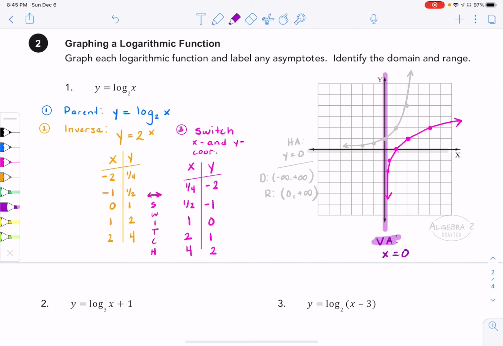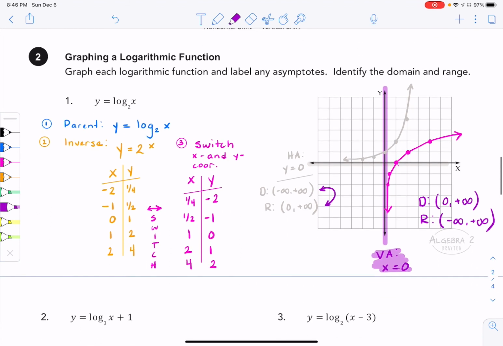Again, everything switches. When I say everything switches, switch your domain and range. If we look at this graph, the domain is restricted. That graph never goes beyond 0. It does head towards positive infinity. The range looks like this graph goes up and down forever, so it's from negative to positive infinity.